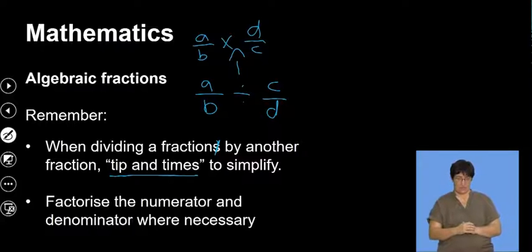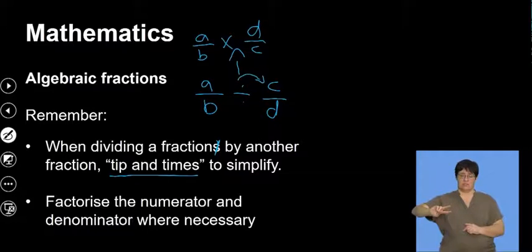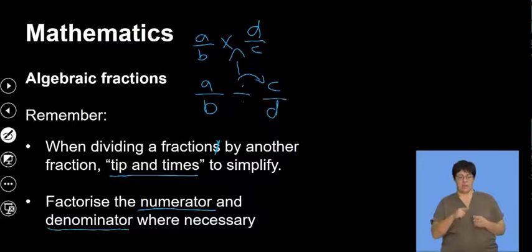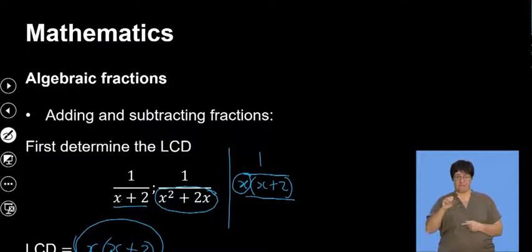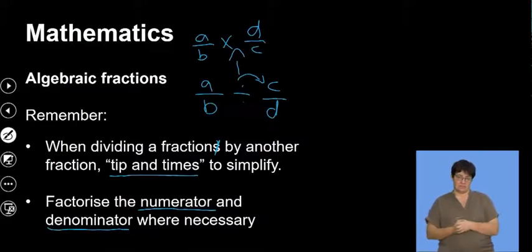So what's on the right-hand side of the division sign will then be tipped and times. Whatever was a numerator becomes the denominator. The denominator becomes the numerator. And then you need to factorize the numerator and factorize the denominator wherever it is necessary. Like in the previous example you saw, I had to factorize my denominator there before even simplifying this thing.